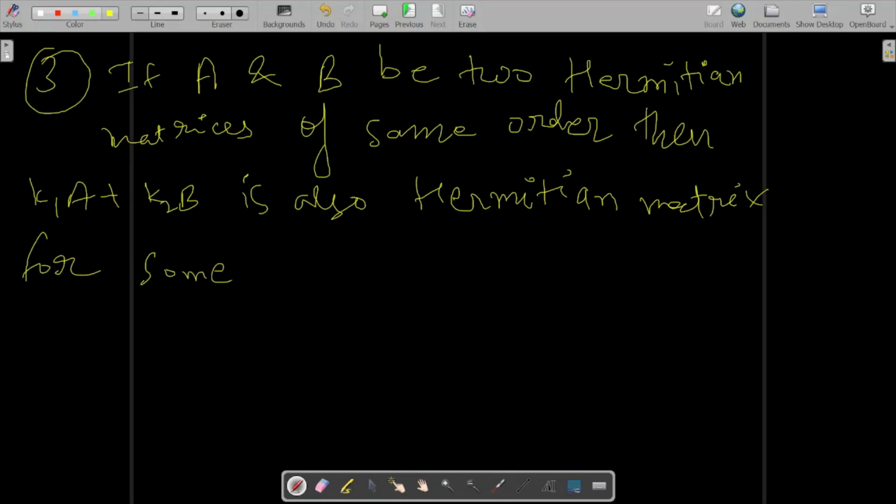K1 and K2 must be real, this is compulsory. K1 and K2 cannot be imaginary.